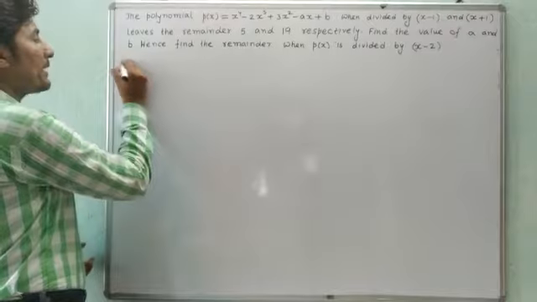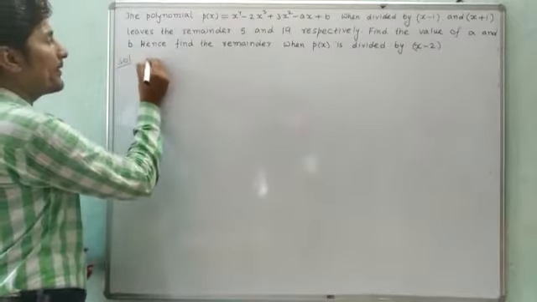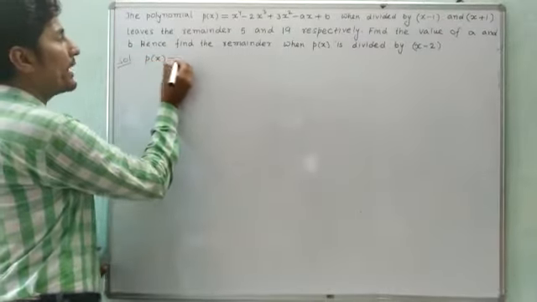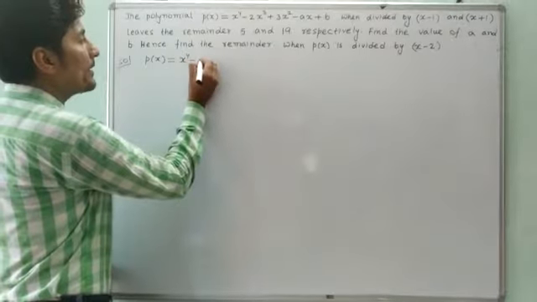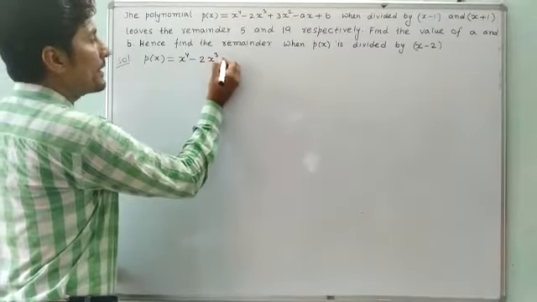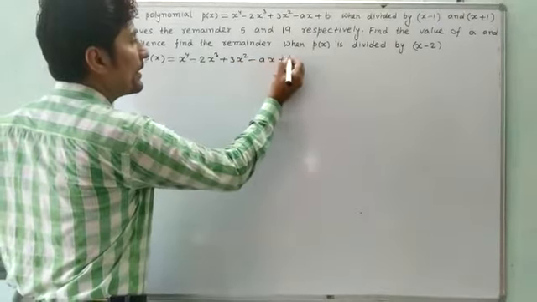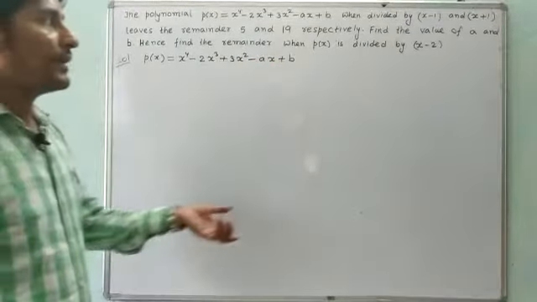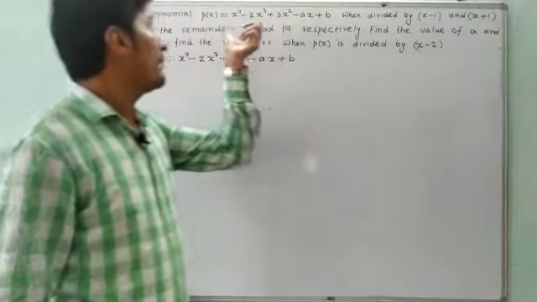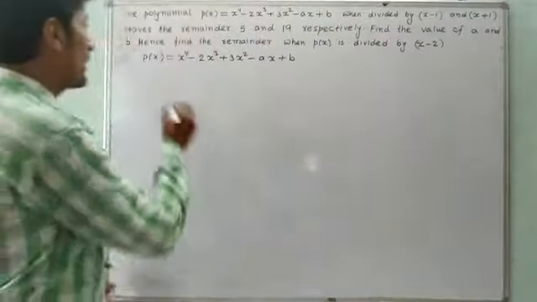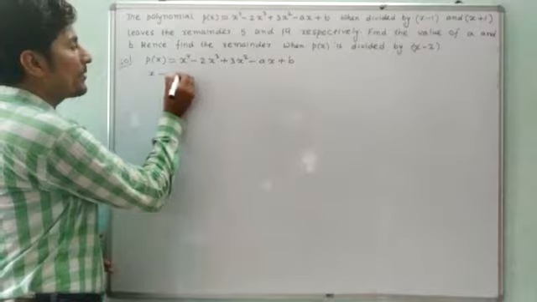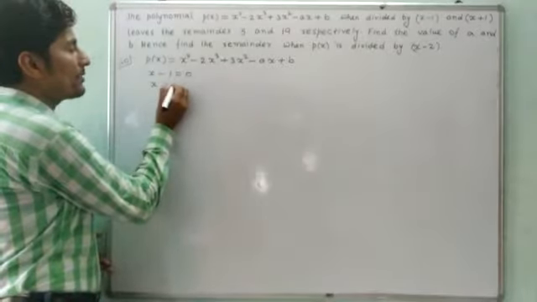So let us see the solution for this question. As the polynomial p(x) is given, p(x) = x⁴ − 2x³ + 3x² − ax + b. It is already given. So first of all we have to divide the polynomial p(x) by x − 1. x − 1 = 0, so x will be equal to 1.